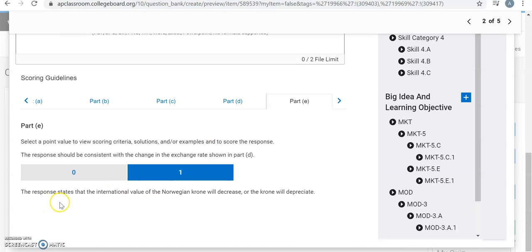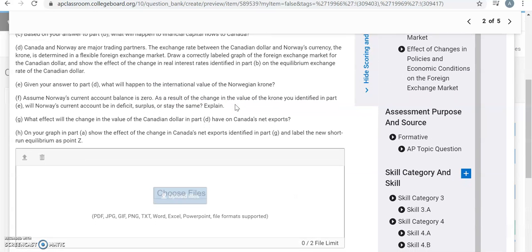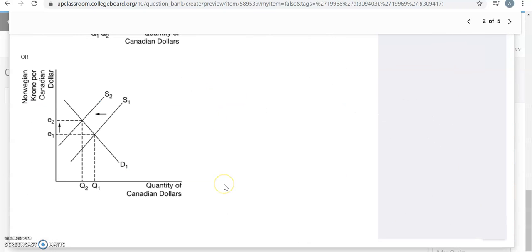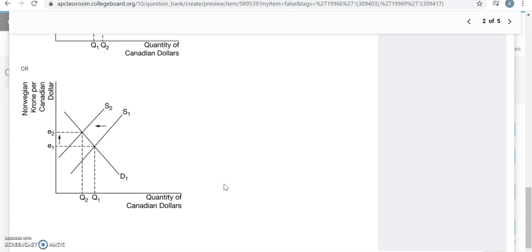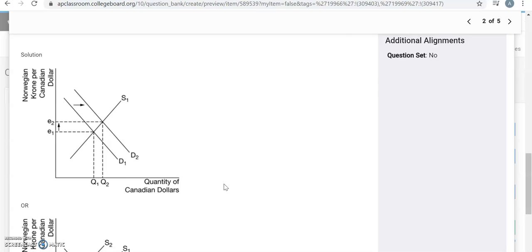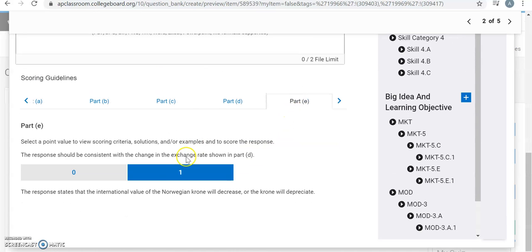So if there is an increase in the demand for the Canadian dollar, as we saw right here, as this occurred, the international value of the Norwegian krone will decrease, or the krone will depreciate.